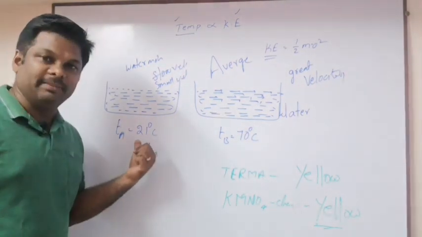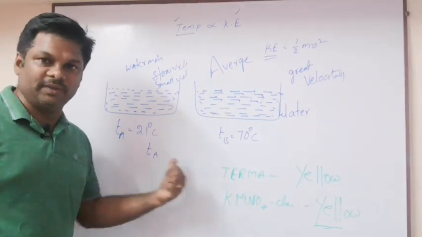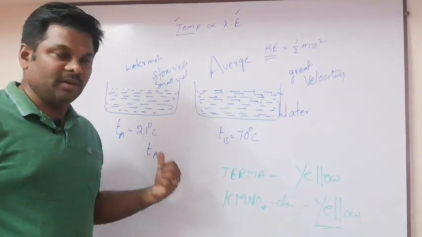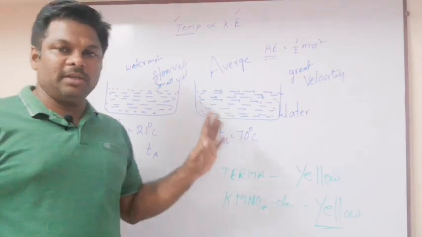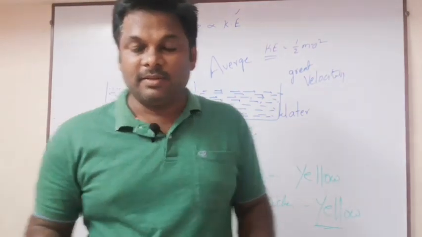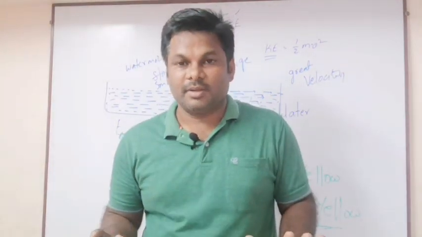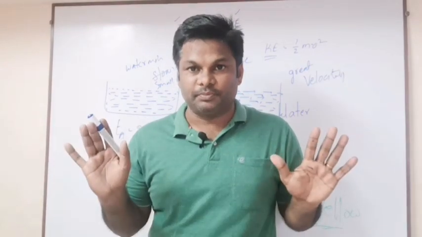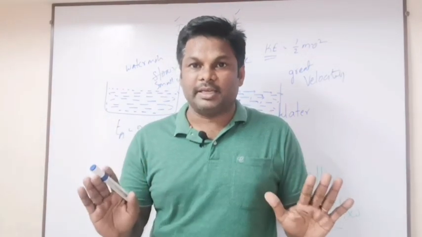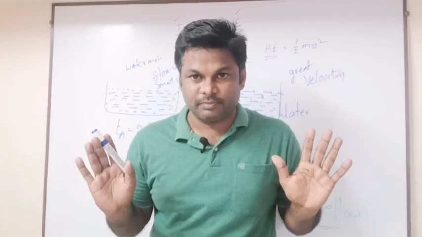Cold means just a little less temperature than the previous one. That's why we call it cold. So from this activity you can conclude: temperature is directly proportional to the average kinetic energy of the molecule.